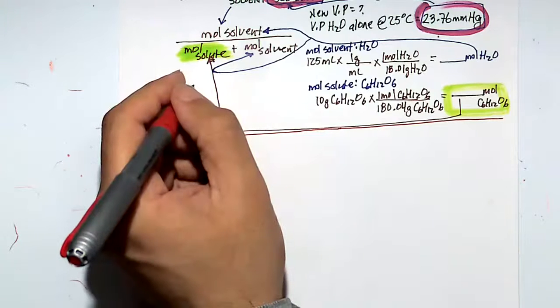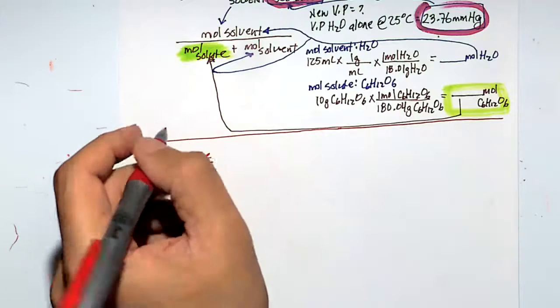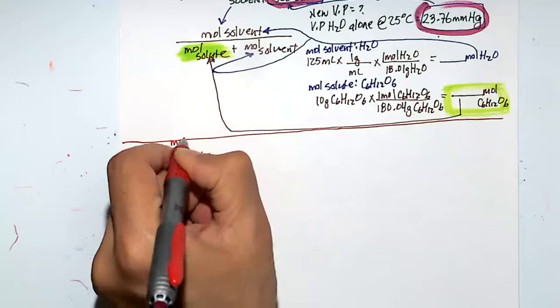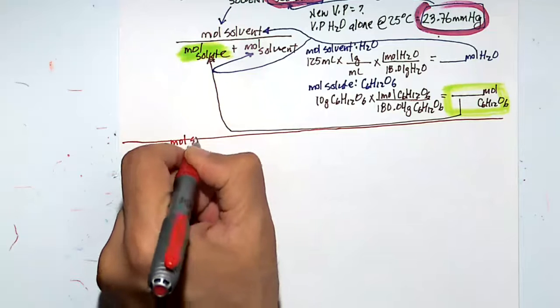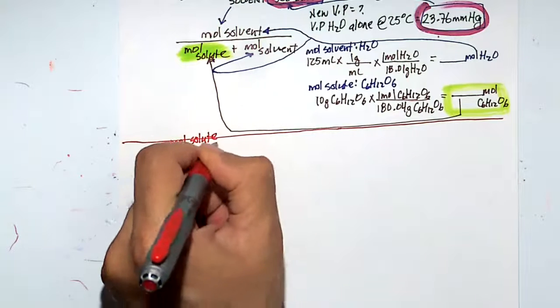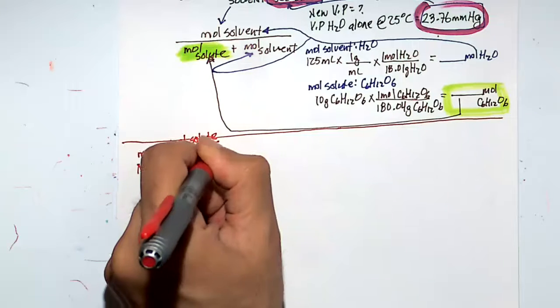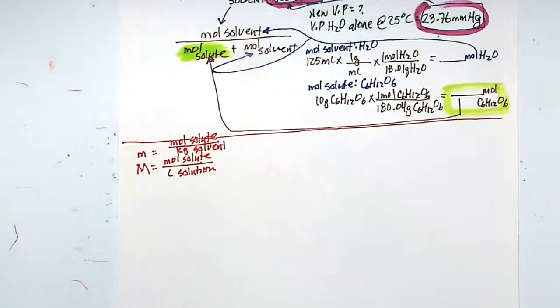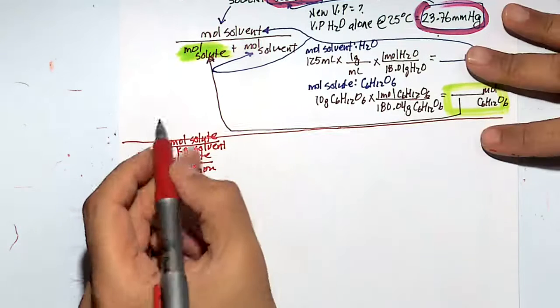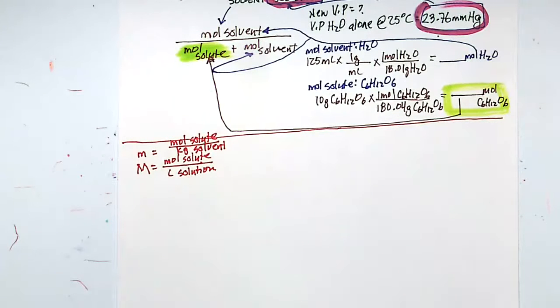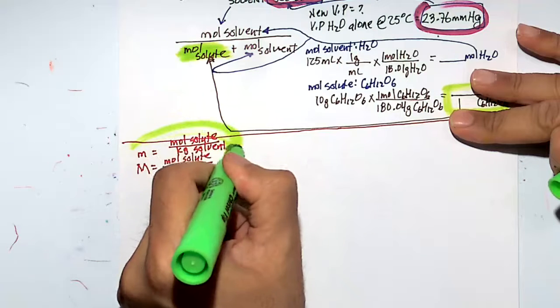Something we learned that's kind of new in Chem 2. Molality, very good, which is moles of solute, but this time it's over kilograms of solvent. We call that molality. So, units of concentration.